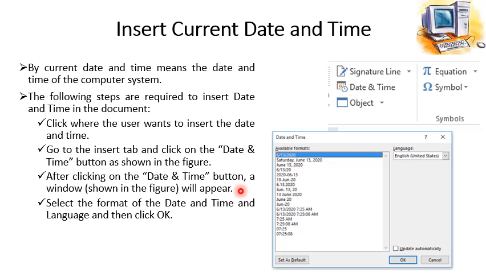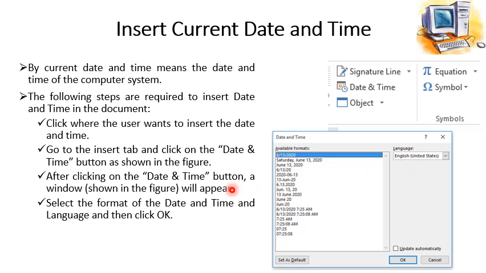We have to click on it, and after clicking on the Date and Time button, a window as shown in the figure will appear. This window shows different formats of the date and time, and languages.